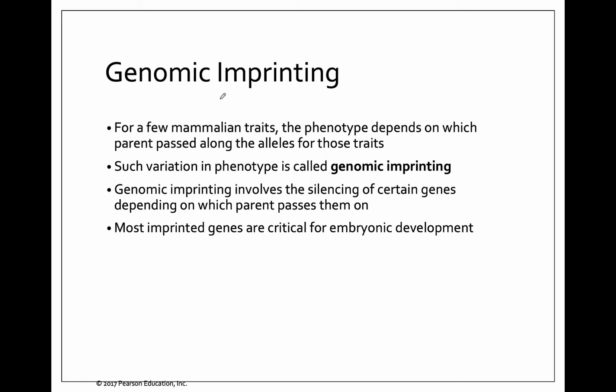There are some genes in mammals where it matters which parent passed on the allele. So even though the trait is the same in each parent, it would matter which parent passed on the allele. And this is something called genomic imprinting. And this is usually going to be imprinting from the mother to the child.